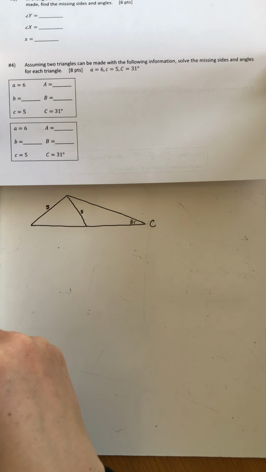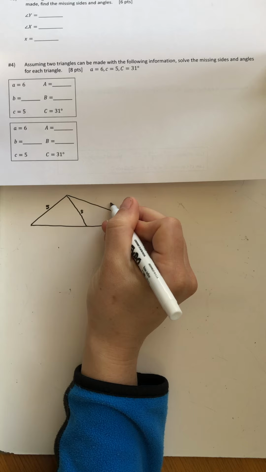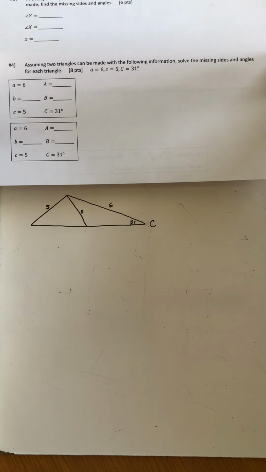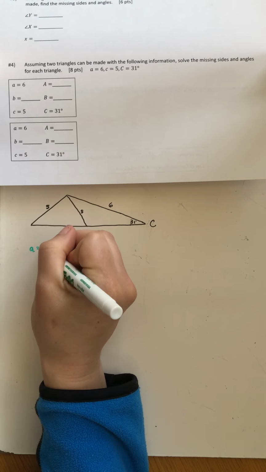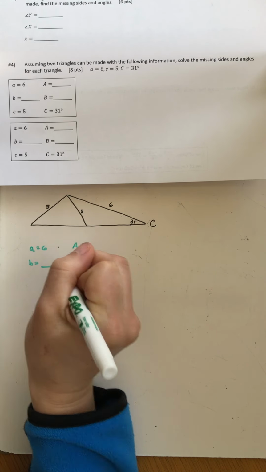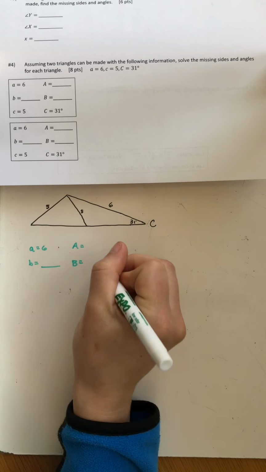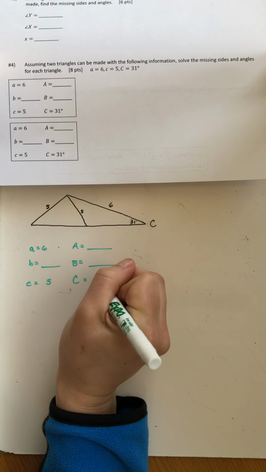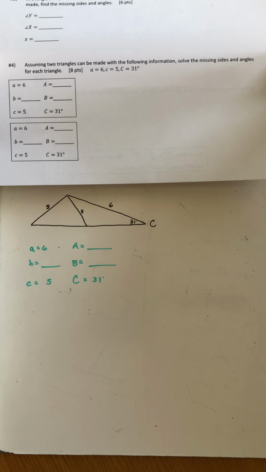It also gives me that one of the side lengths is 6. You don't actually even need to set up the picture. We're just going to focus on the first triangle right now.